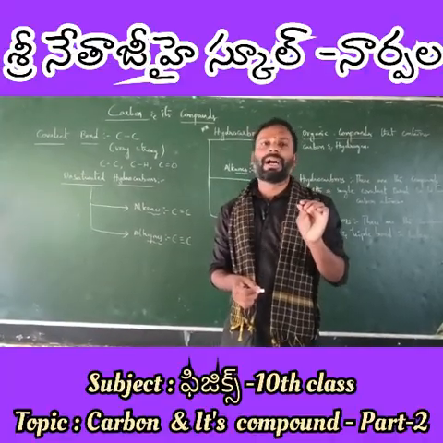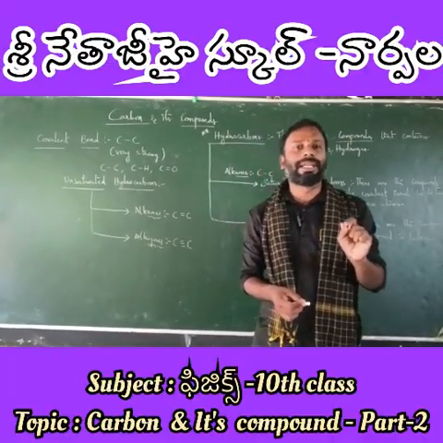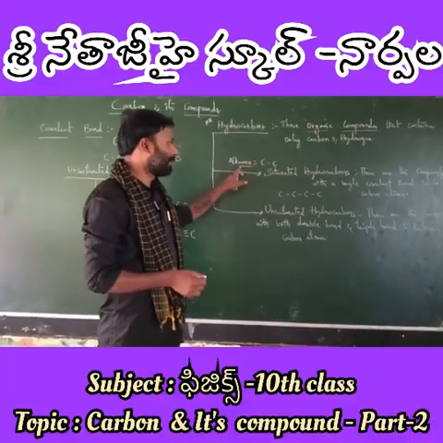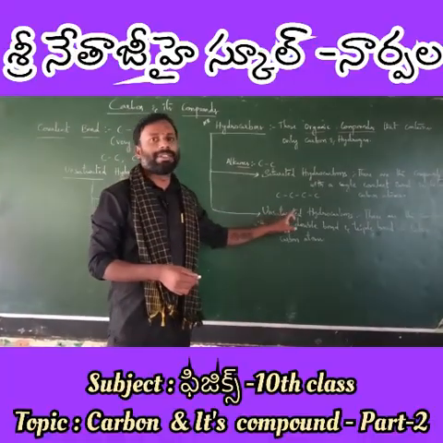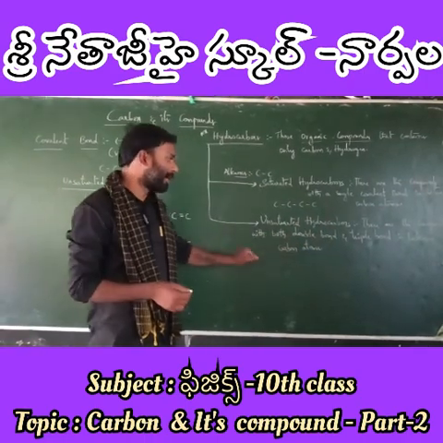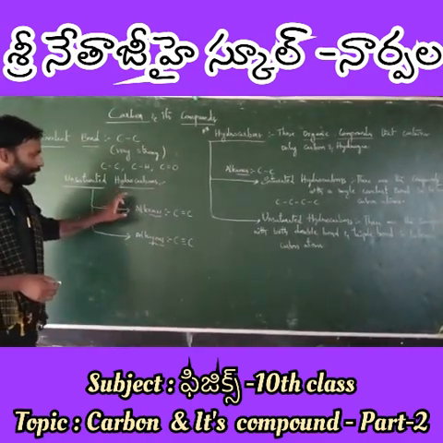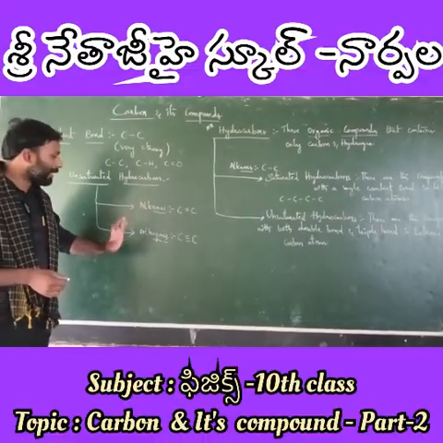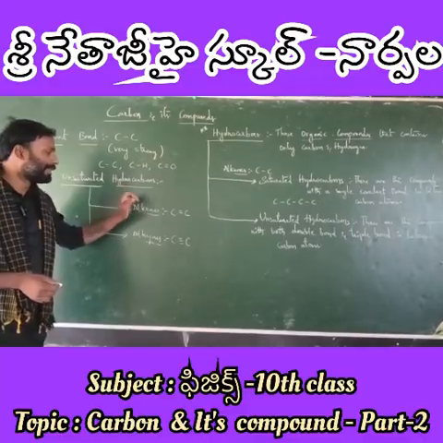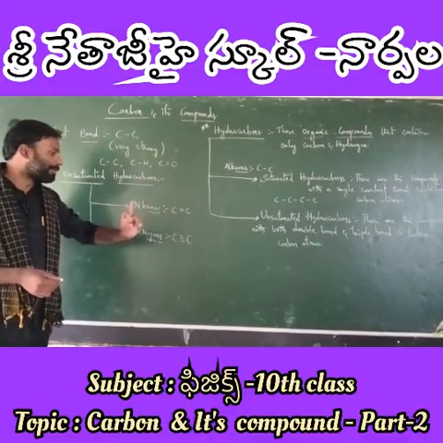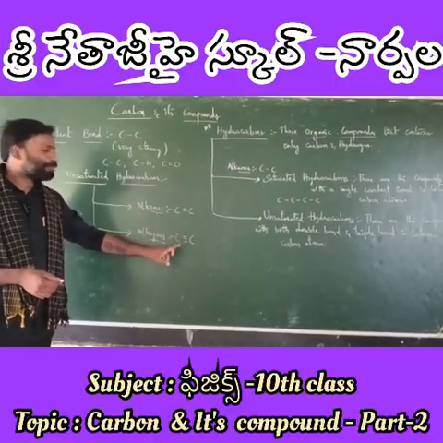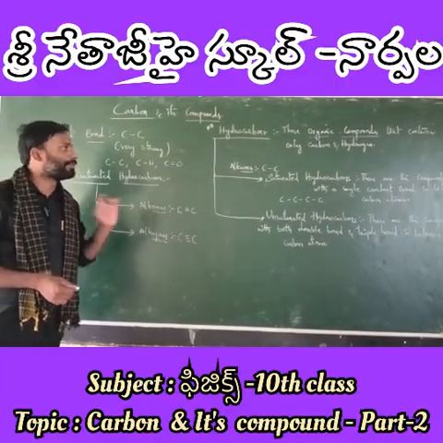Saturated hydrocarbons are those which contain single bond between carbon atoms, example, alkane. Unsaturated hydrocarbons contain double bond and triple bond between the carbon atoms and are two types again, alkenes and alkynes. Alkenes contain double bond, and alkynes contain triple bond between carbon atoms.